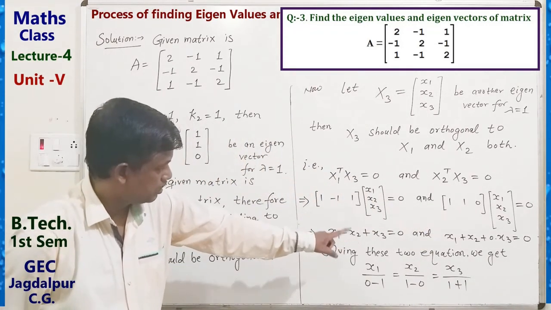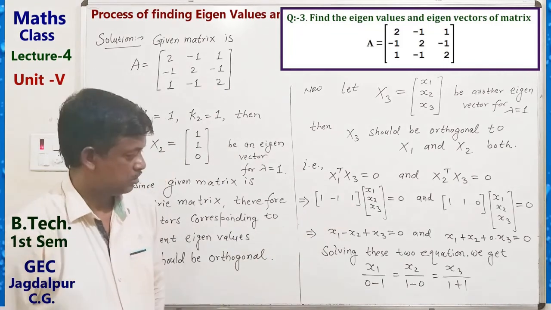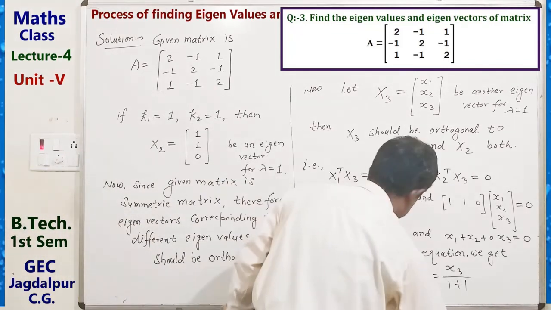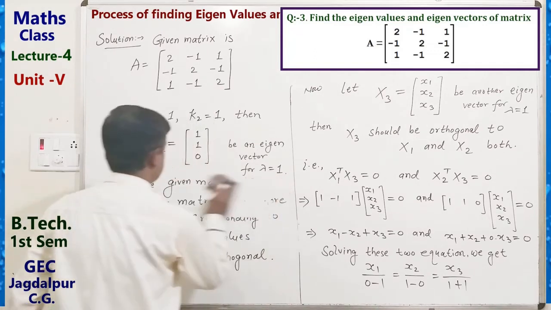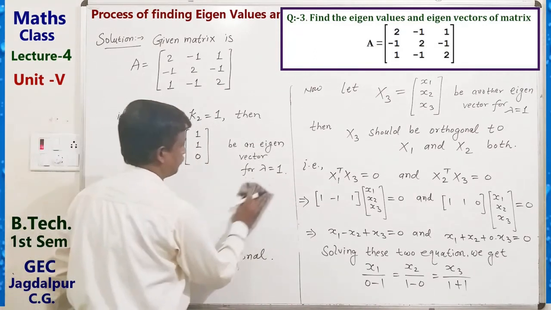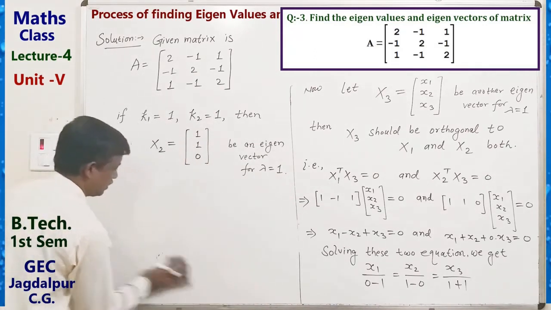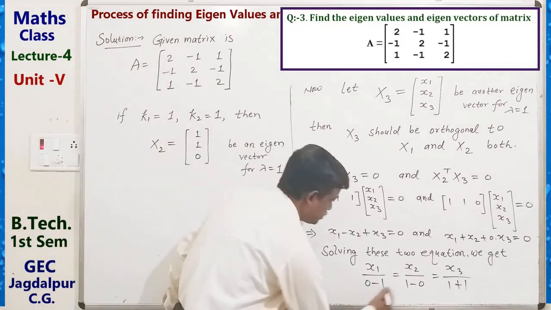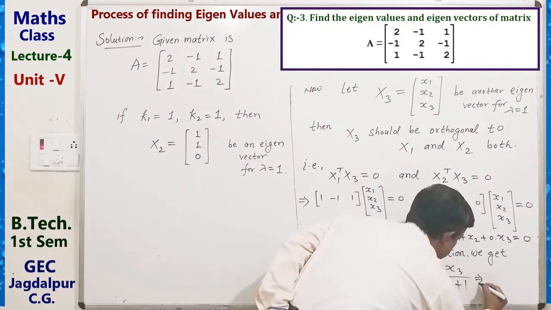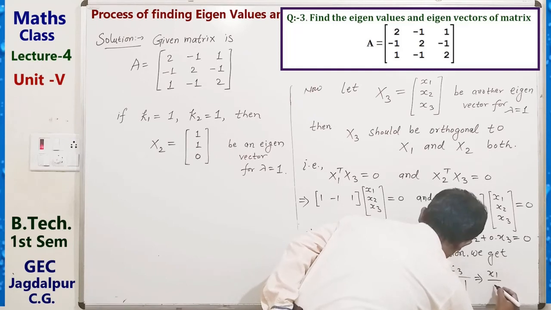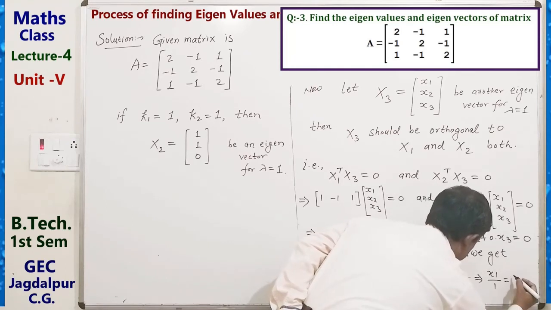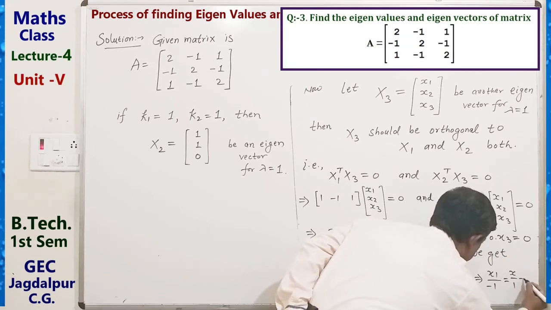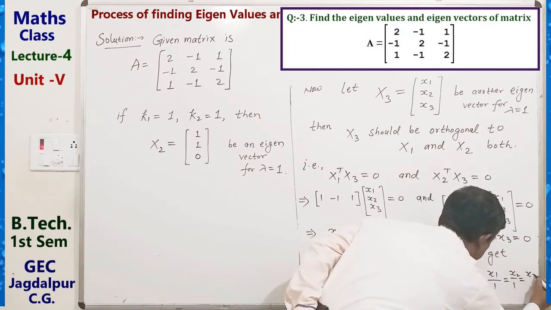This will give x1 upon minus 1, x2 upon 1 and x3 upon 2.